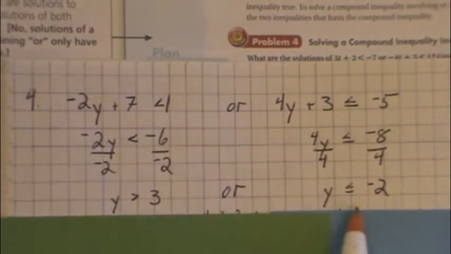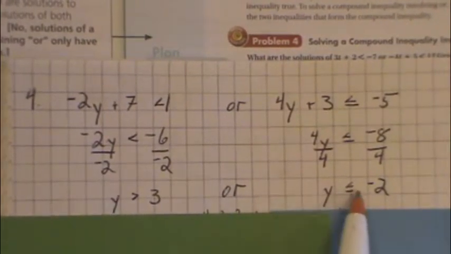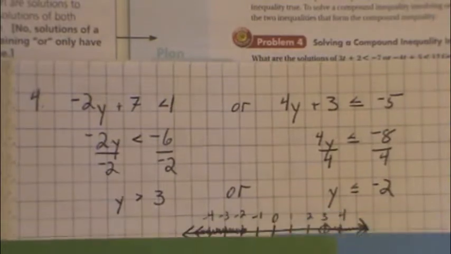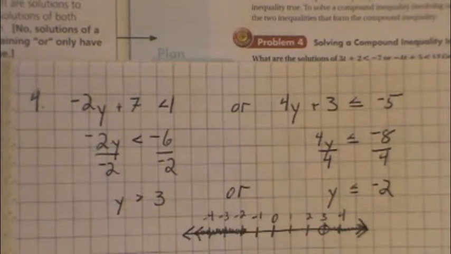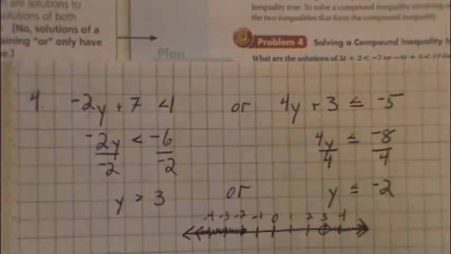So here's your simplified compound inequality. Y is greater than 3, or y is less than or equal to negative 2. And here it is on a graph. Y is greater than 3, or y is less than or equal to negative 2.